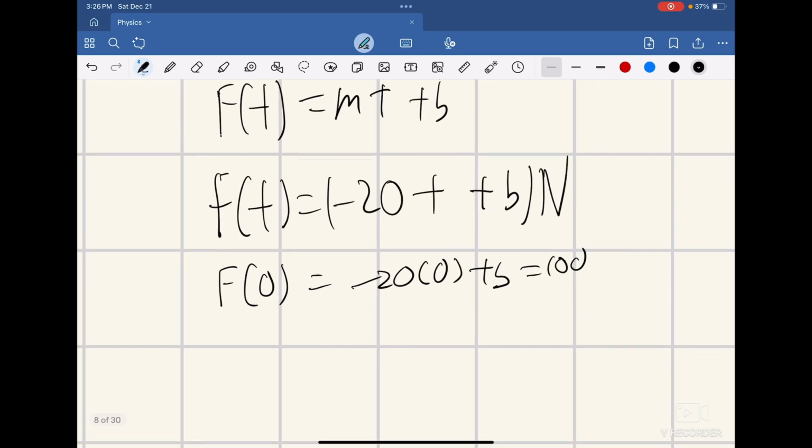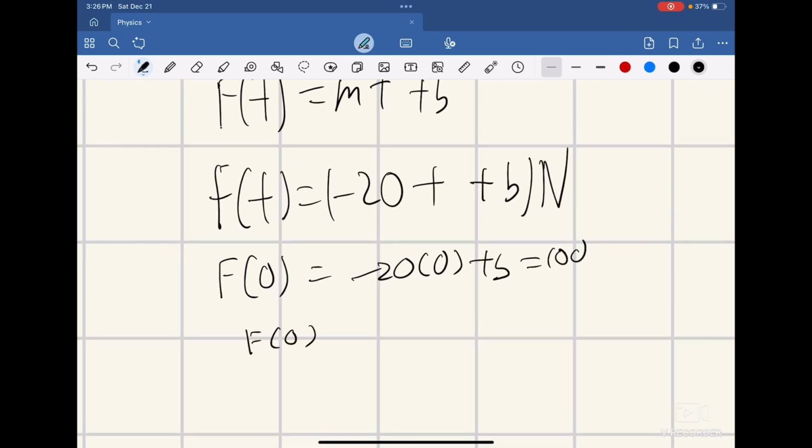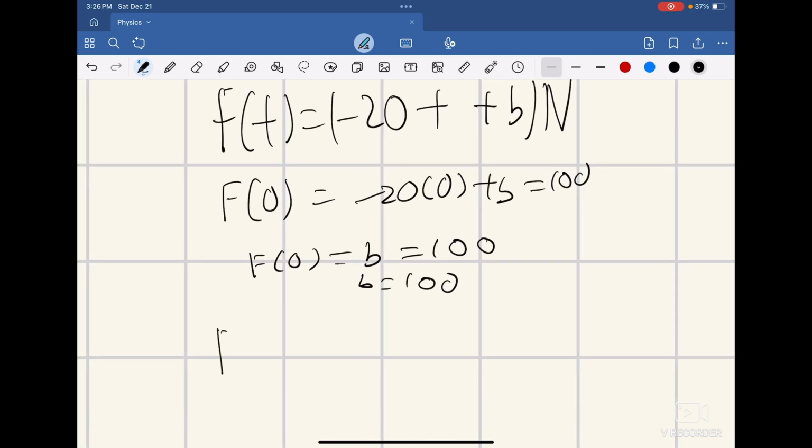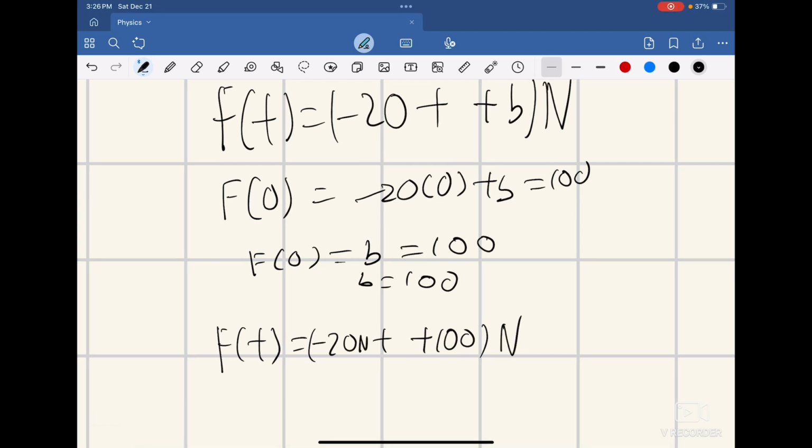So therefore, F of 0 is equal to b, which is equal to 100. Therefore, b is equal to 100. And now we have b and m. So we have the function F of t is equal to negative 20 t plus 100. The negative 20 should be noted as newtons per second, and the 100 should be just newtons. And that is our formula.